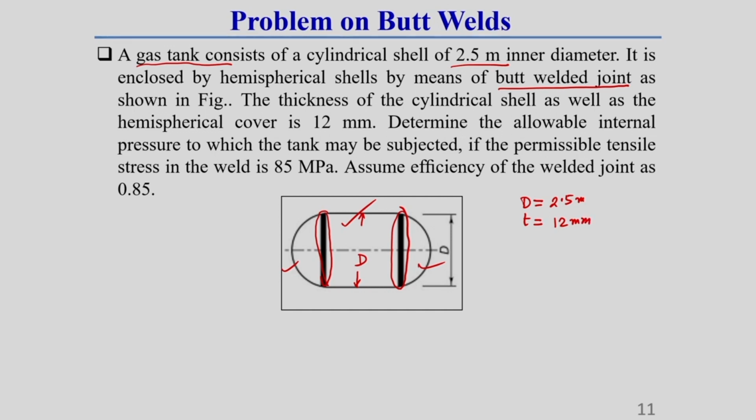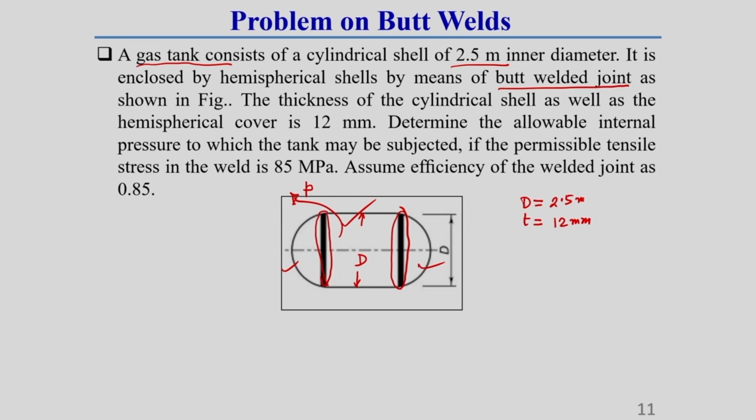We have to determine the allowable internal pressure the tank may sustain, a small pressure P inside this tank, so that the weld should not crack, or this weld joint should not fail.